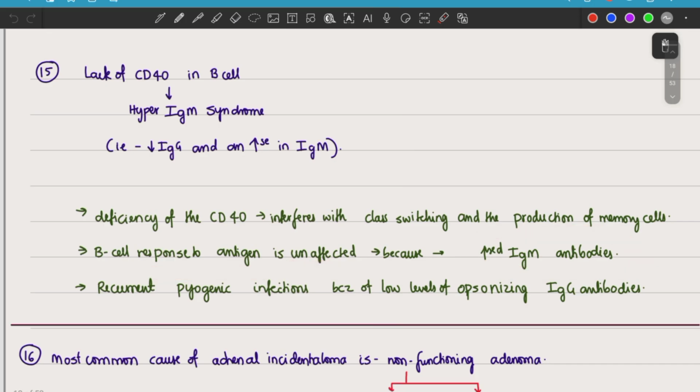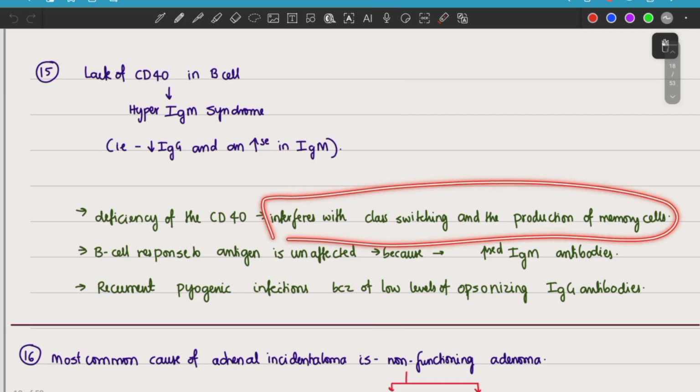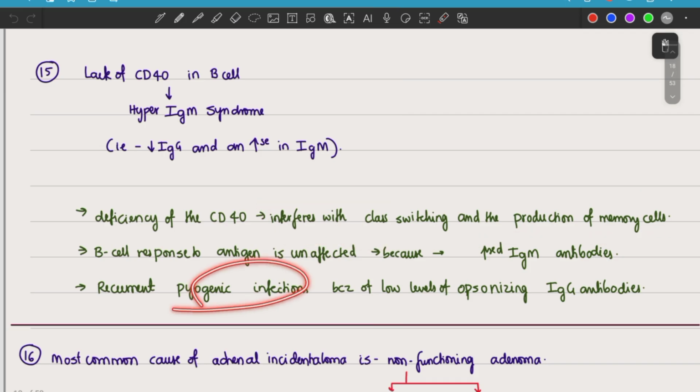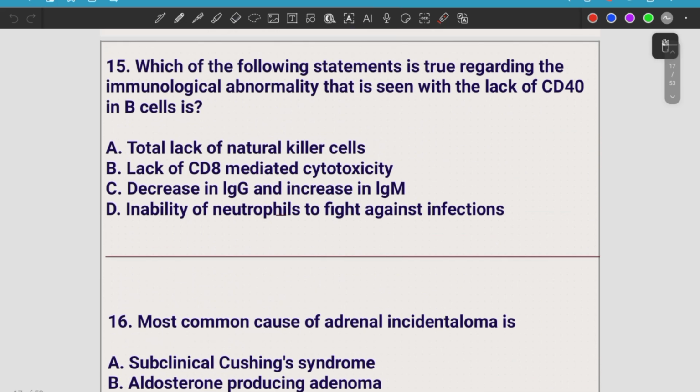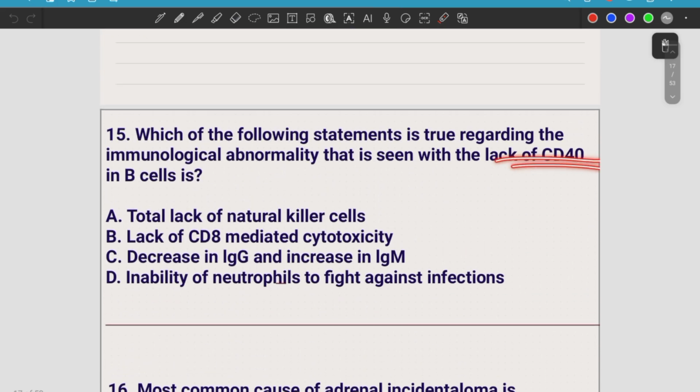B cells will respond to the antigen, but only this is affected. And there are recurrent pyogenic infections because of low levels of opsonizing IgG antibody, because IgG helps in opsonizing, isn't it? It gives a taste for the antigen so that the antibodies can eat it nicely. That will be hampered because of decrease in IgG, but the B cell response will not get affected. What is this called? Hyper IgM syndrome, when there is lack of CD40 in B cell.